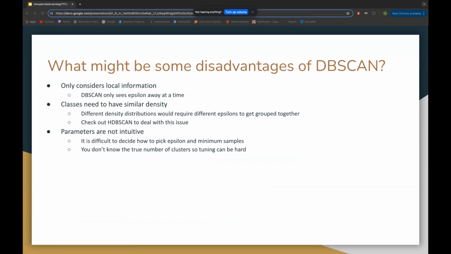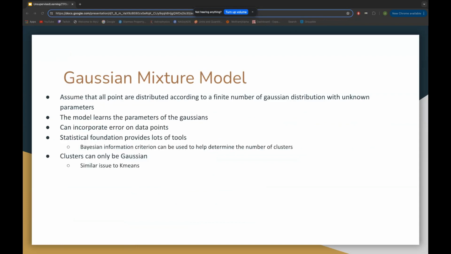Okay, so the last one that I'm going to go over before we go to the notebook is the Gaussian mixture model. I don't have a little schematic for this one because I think this is pretty intuitive.